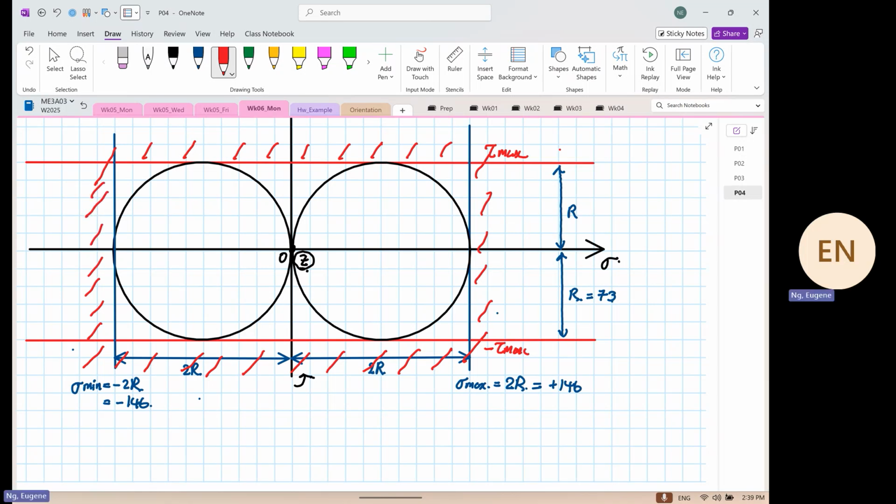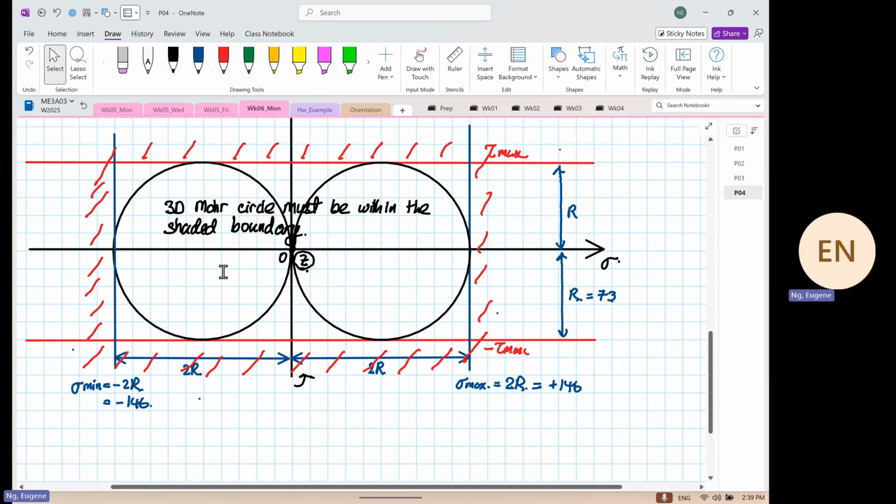So your Mohr circle, the 3D Mohr circle, must be within the shaded boundary. It must be within the shaded boundary. It cannot go outside. Part of it cannot go outside.